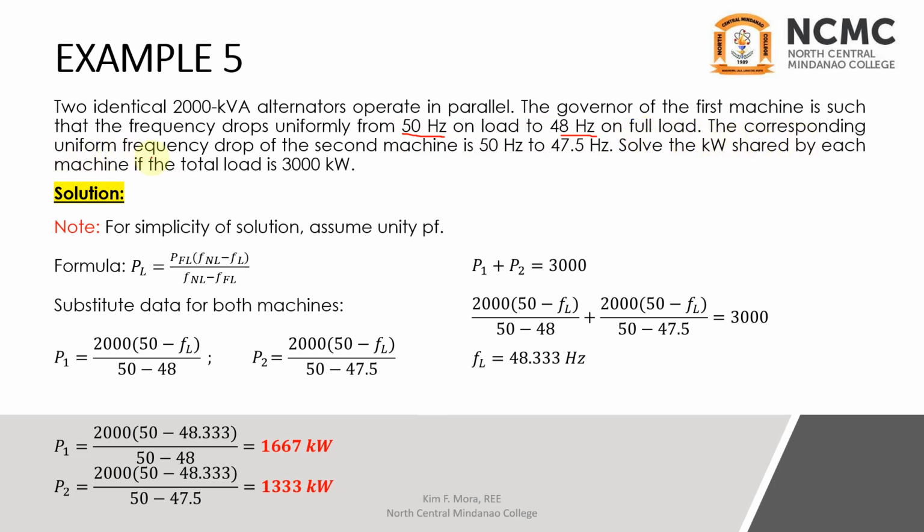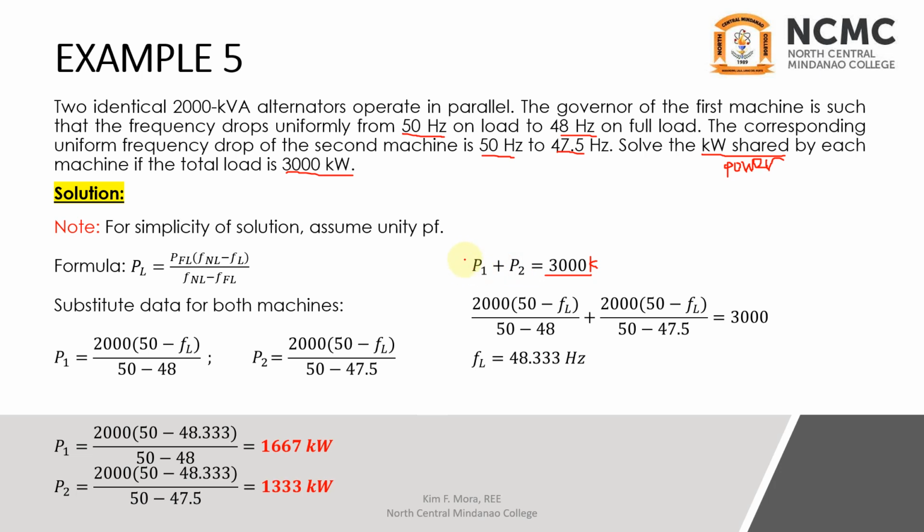The corresponding uniform frequency drop of the second machine is 50 Hz to 47.5 Hz. Solve the kilowatts shared, that is the power shared by each machine, if the total load is 3,000 kilowatts.